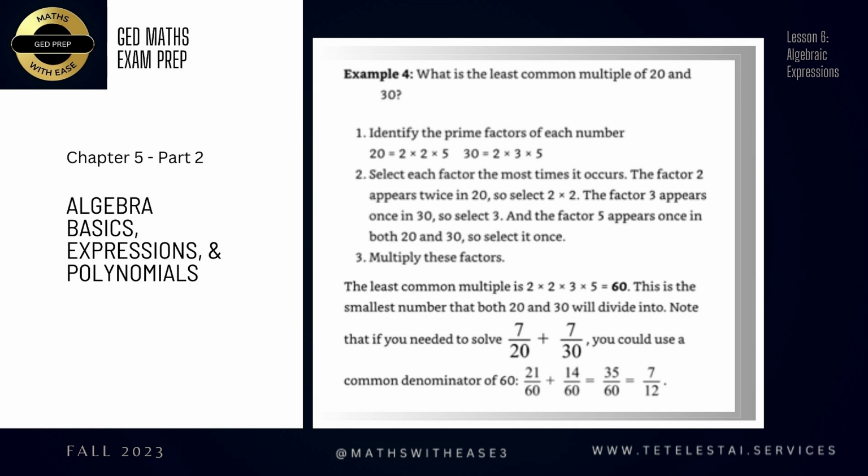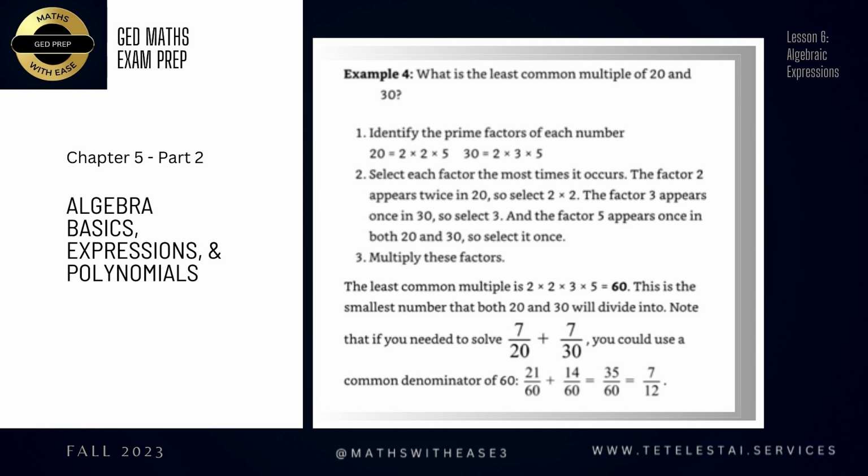We know that 30 goes into 60 twice. So since we've changed the denominator to 60 by multiplying 30 by 2, we also need to do the same thing with the numerator. 7 times 2 is 14. And now you can add across. 21 plus 14 is 35. 35 over 60 is now the sum of 7 over 20 plus 7 over 30.